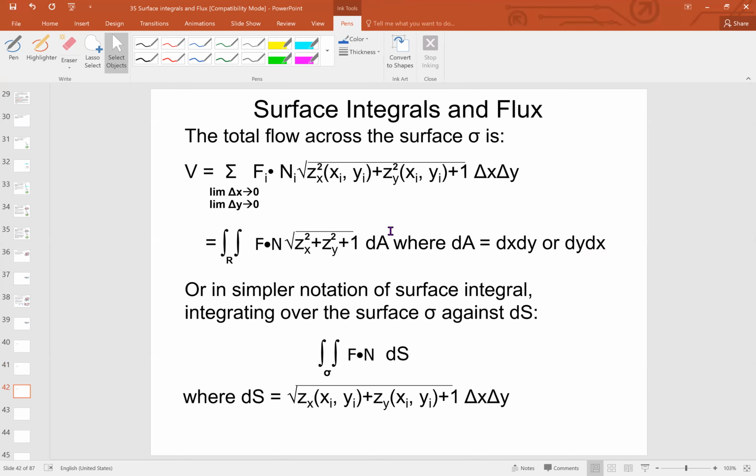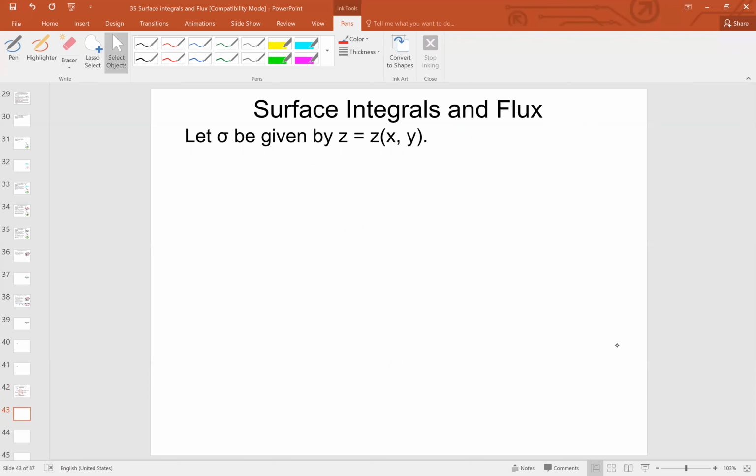But let's pause for a while before we clean it up any further. We usually write the surface differential as dS, and of course we're doing a surface integral over the surface defined by z over sigma. So this notation you will see. But let's continue with simplifying.